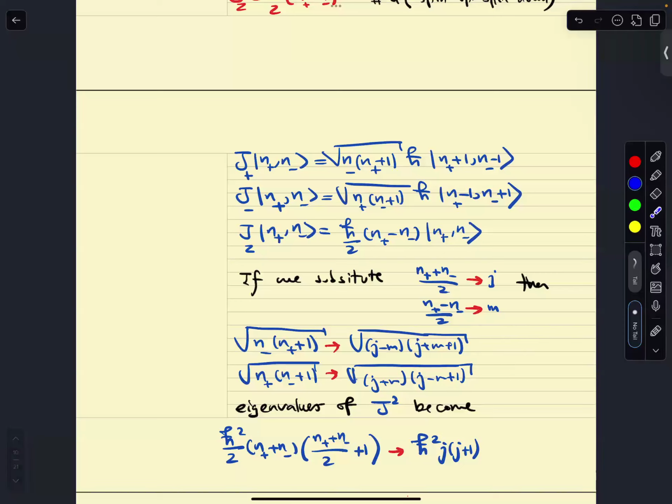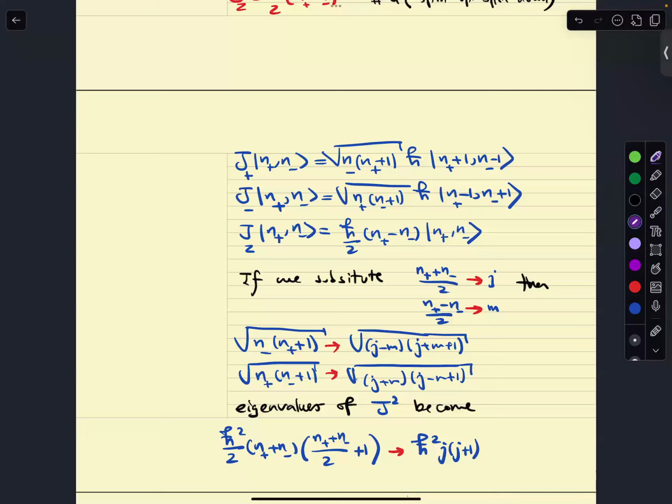So to go to the angular momentum, what we do is, as I said, we replace the average of n plus and n minus over 2, which is a quantum number, by the quantum number j, and n plus minus n minus over 2 with the quantum number m. When you do that, these coefficients, n minus times n plus plus 1, go to this coefficient, and this one goes to this coefficient. Now, that should be familiar from using this change of variables.